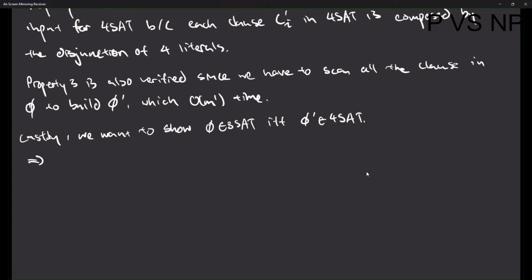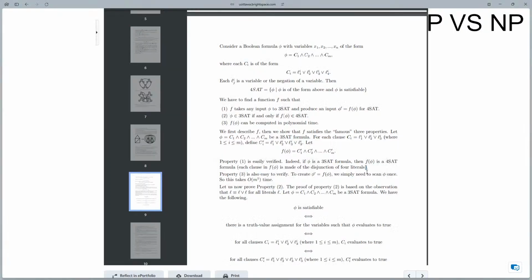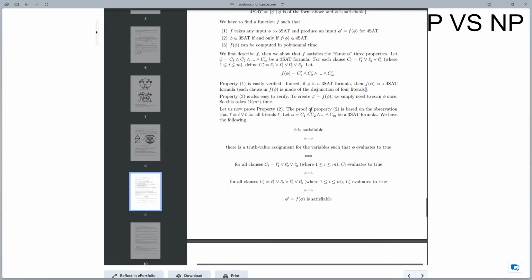So it's a double implication, so we'll show this first. Let me show this. Phi is satisfiable. The proof of property 2 is based on the observation that any literal equals the disjunction of itself, for all literals L. Okay.